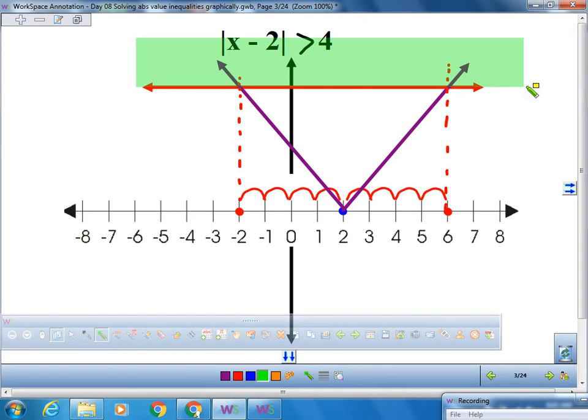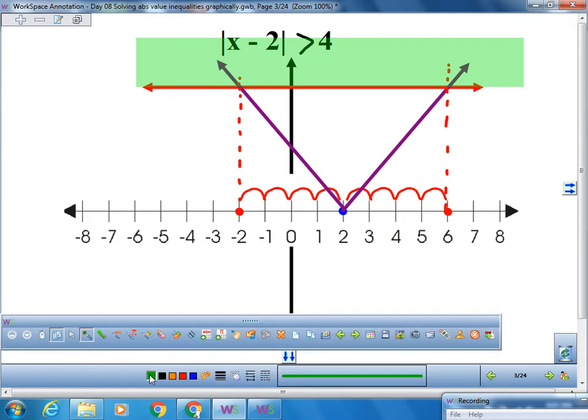So if I shade above it, and I'm saying I want all of the values of x that are greater than that line, aren't those values really all right here, going on to infinity, and all the values here? So that's where the graph's going, right? The graph isn't going in here at all. It's just going out here.